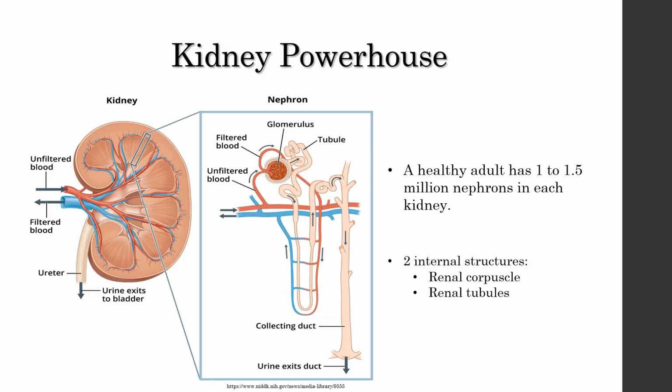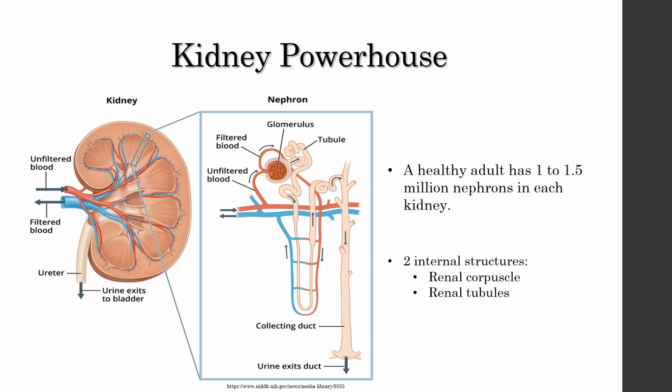This slide shows you the true workhorse of the kidney, the nephron. A healthy adult kidney contains approximately 1 to 1.5 million nephrons per kidney. And here's the part students never forget. You cannot make new nephrons. Once they're gone, they're gone. That's why chronic kidney disease is progressive and irreversible.